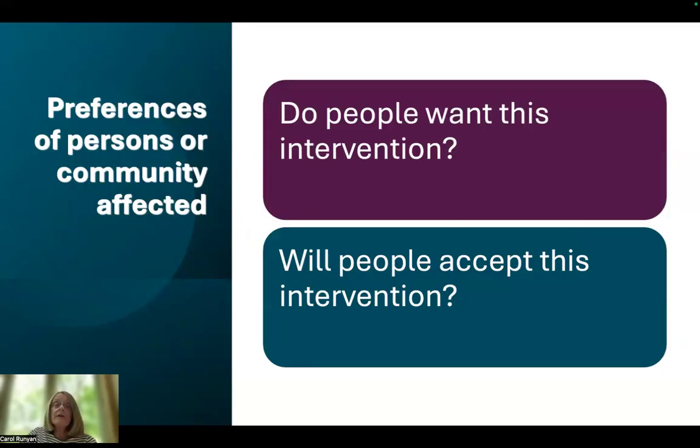There's also issues around the preferences of people and the community that you're working with. Do people want this intervention, and will they accept this intervention? And it gets at whether or not this issue is a priority for people.